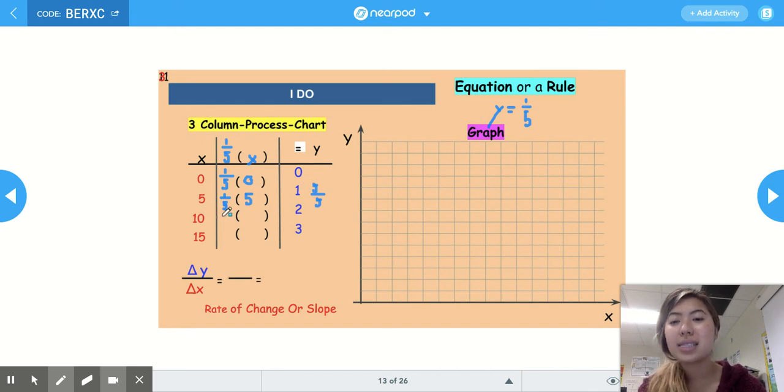So when x is 10, we have 1/5 times 10. When we multiply a whole number and a fraction, we keep our denominator. So again, the denominator is 5. 10 times 1 is 10. 10 divided by 5 can be simplified to 2. Then when x is 15, we have 1/5 times 15.